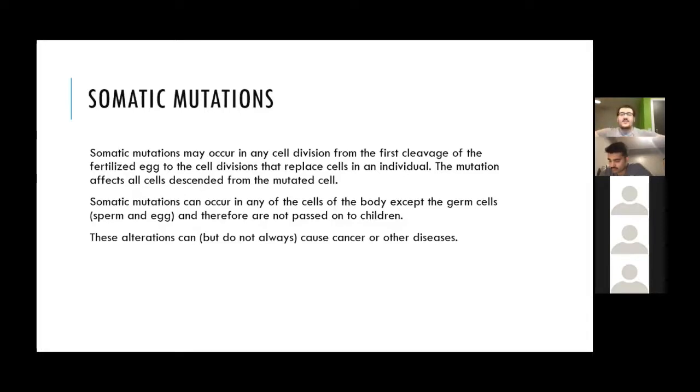It's basically every single cell in your body except for one type of cell, germ cells. Somatic mutations can occur in all cells in the body except for the germ cells, because that's reserved for inherited mutations. In somatic mutations, these mutations can sometimes lead to cancer, or sometimes they don't, depending on the environment and on what's causing them.